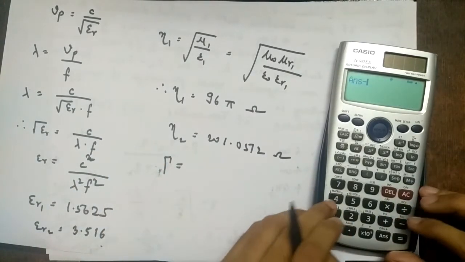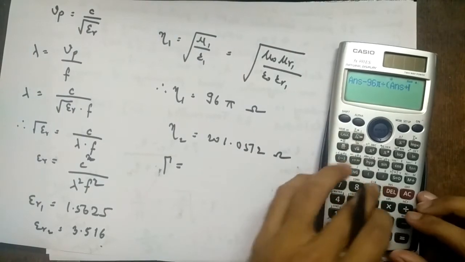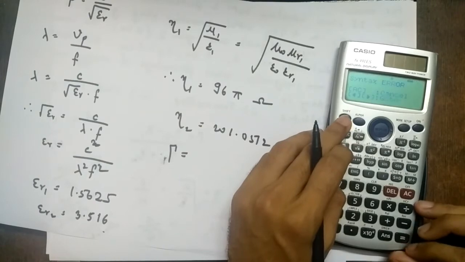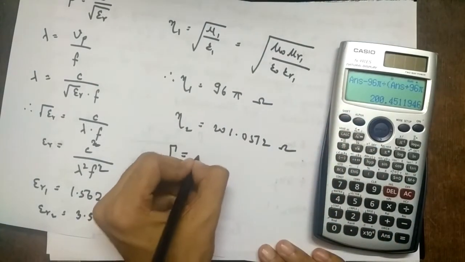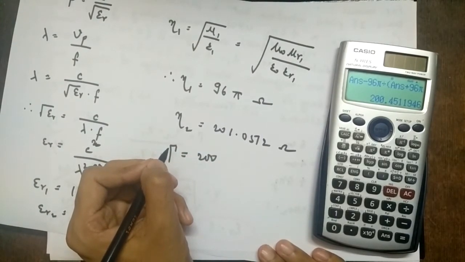So we can find gamma. It is eta 2 minus eta 1 divided by eta 2 plus eta 1. Yeah, we have done some mistake, because gamma should be less than 1.